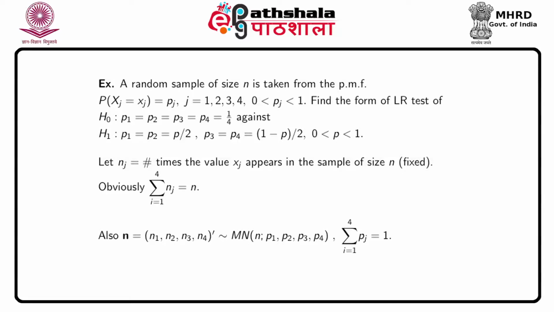So as a whole, the vector n curl follows a multinomial distribution with index n and parameters p1, p2, p3, p4 such that the summation of pj is exactly equal to 1.